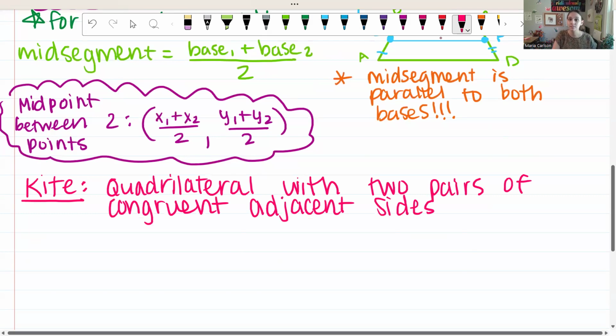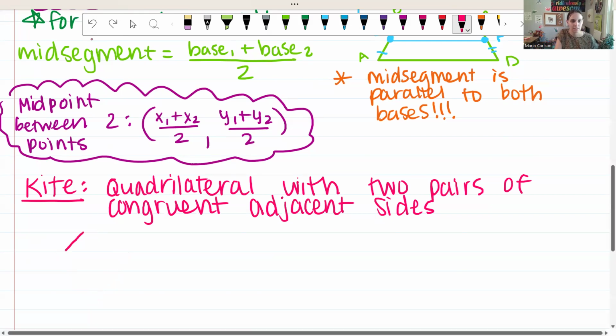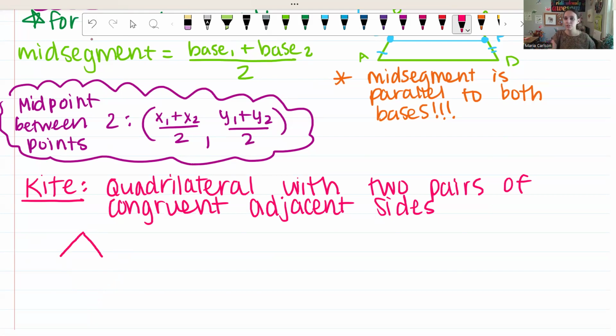Hopefully you are familiar with what a kite looks like. Let me do it a little more how I would draw it by hand. So you have two congruent adjacent sides, so two pairs of congruent adjacent sides.